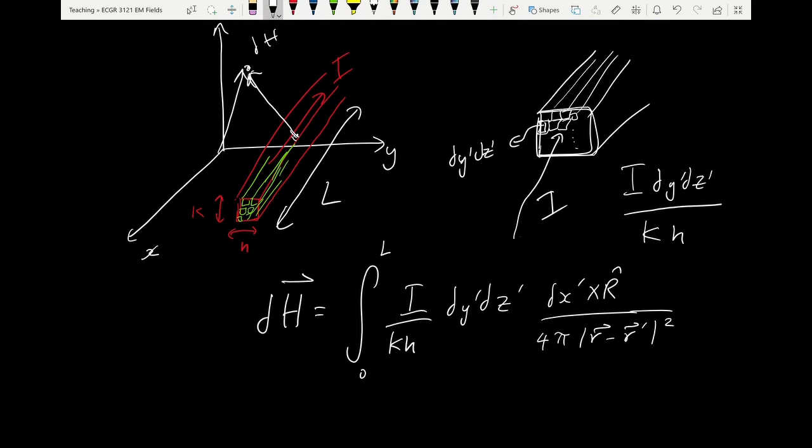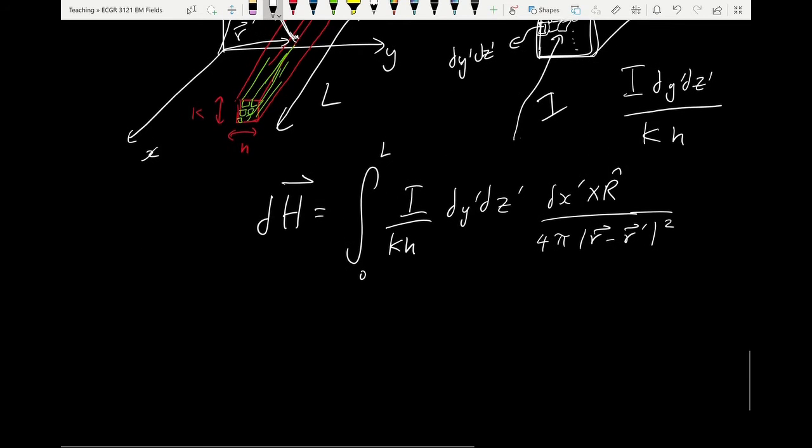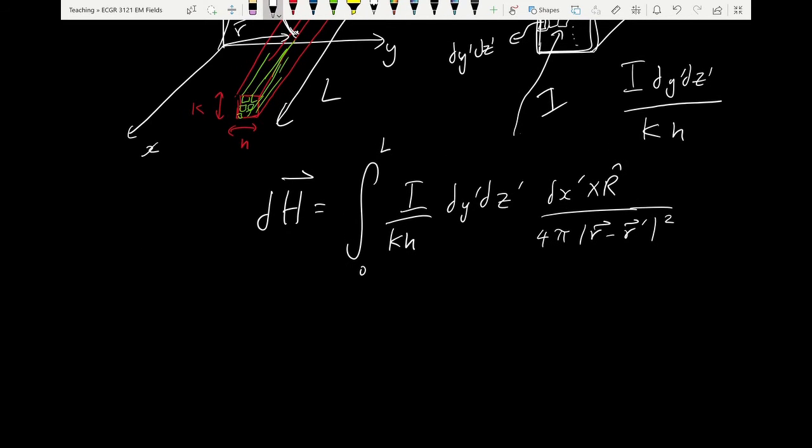So this is actually, sorry, so this is r, and then r hat, of course, is the unit vector, and then r prime is, this is r, and then this is r prime. R prime is from the origin to the element on the filament. Okay, so this is the field due to a filament.